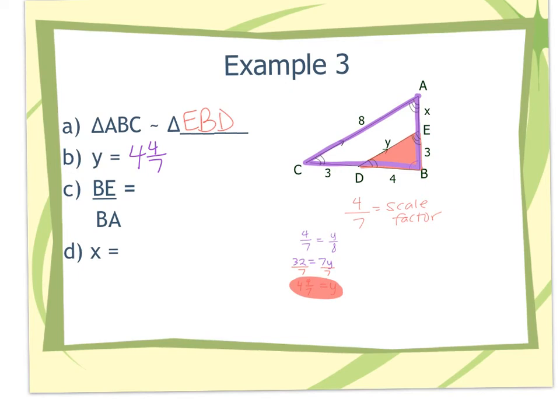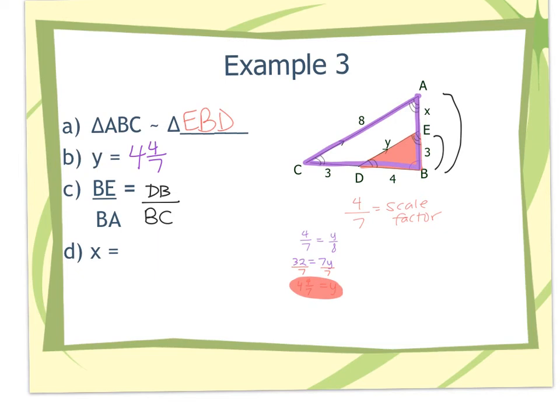All right, C says BE over BA. So if I follow along in the triangle, BE is the smaller part, or the right side of the small triangle. BA is the right side of the big triangle. So what other side ratios is this equal? BD over BC, good.